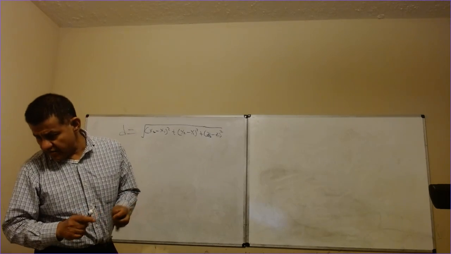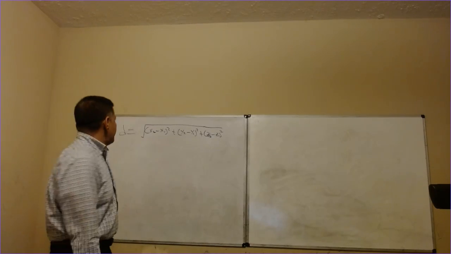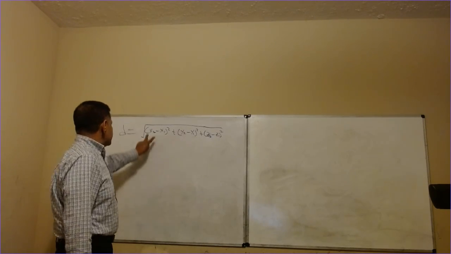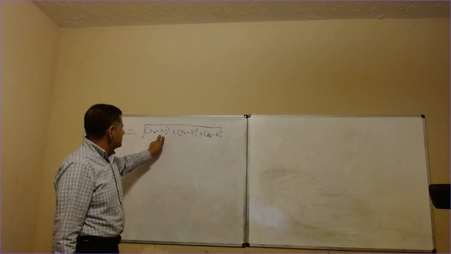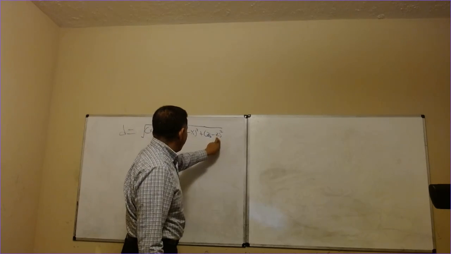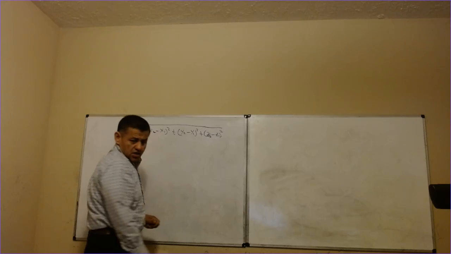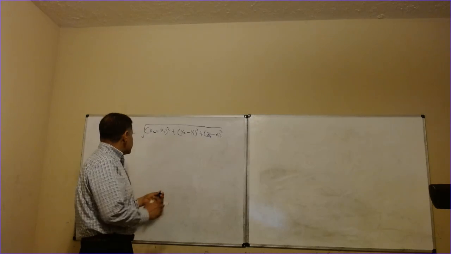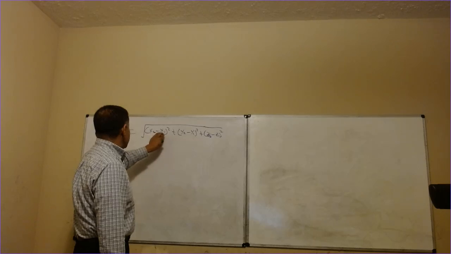Now, let's say that we have an example, right? We want to calculate the distance between 2 points. Notice that I have x2 minus x1, y2 minus y1, z2 minus z1. Every single difference gets squared. If you remember from my last class, I said final minus initial, right?